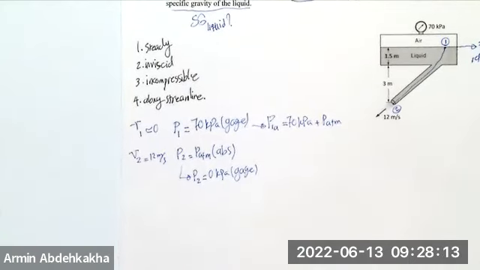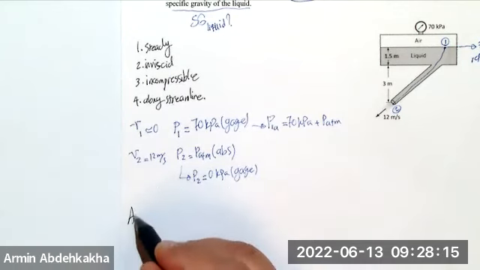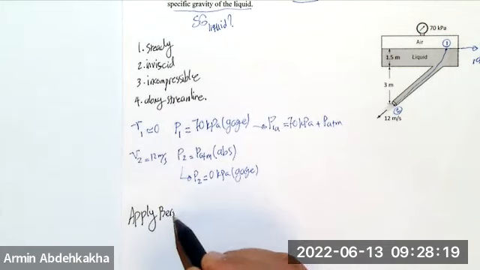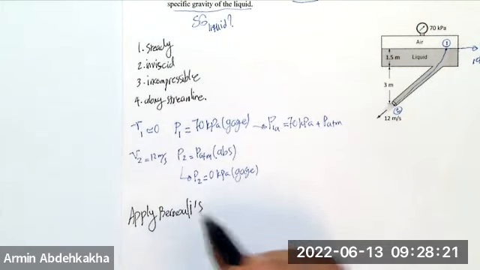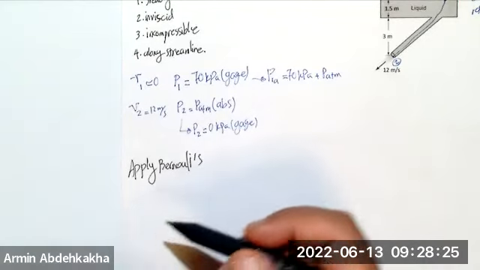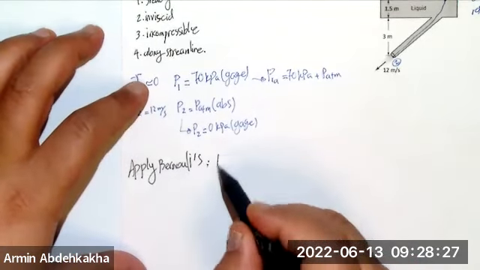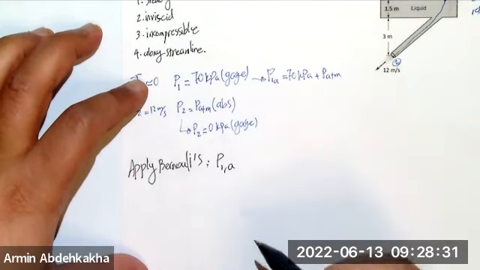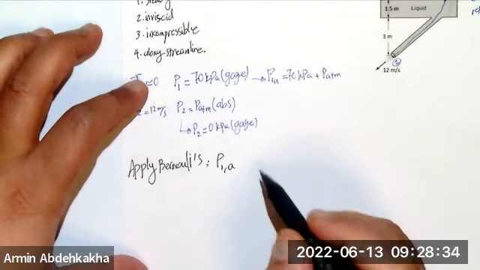Okay, so let's apply Bernoulli between these two points. Apply Bernoulli's equation. The first is P1, I'm using the absolute one.